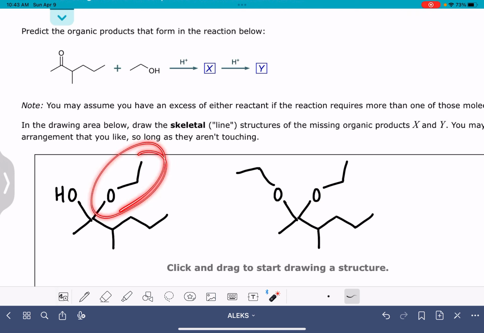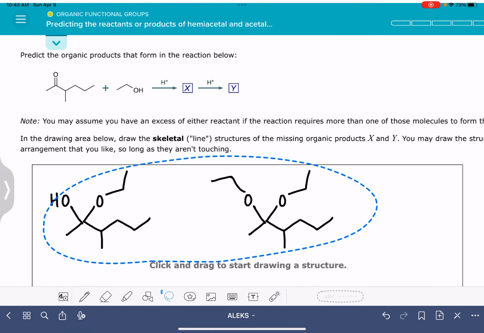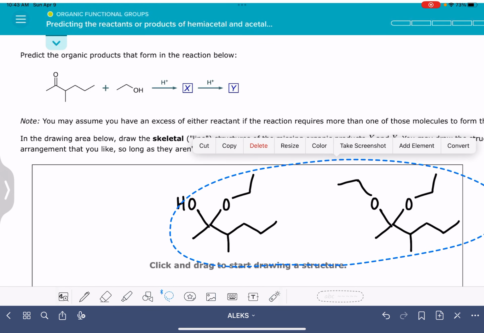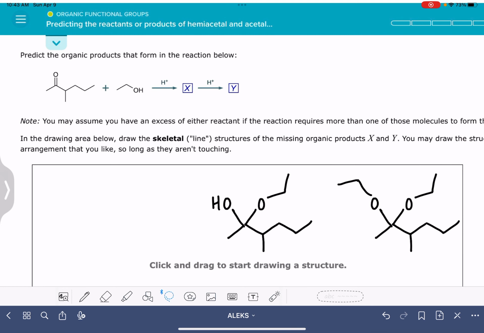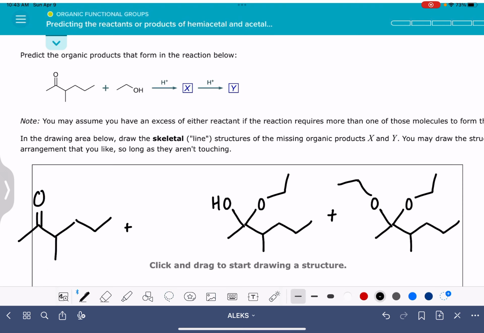And this is going to be molecule Y that it is looking for. So these are the two products of this reaction, and I am going to just complete this by filling everything in.